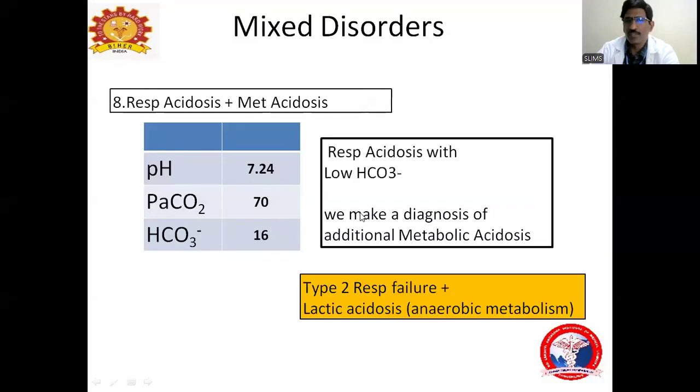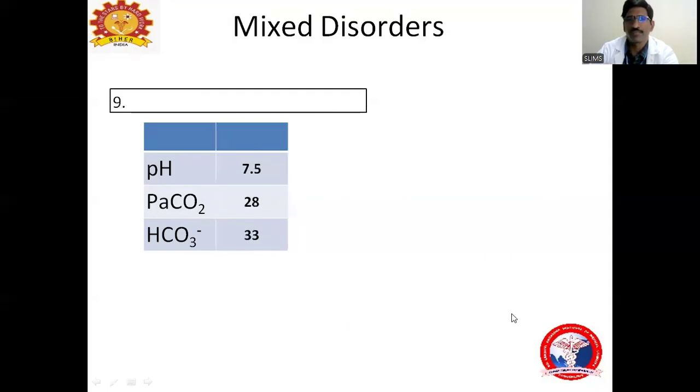So this picture gives you my mixed disorder, that is respiratory acidosis plus metabolic acidosis. Both acidosis are there. So respiratory acidosis with low bicarbonate gives the diagnosis of metabolic acidosis. Where do you expect this? Type 2 respiratory failure plus lactic acidosis because of the anaerobic metabolism.